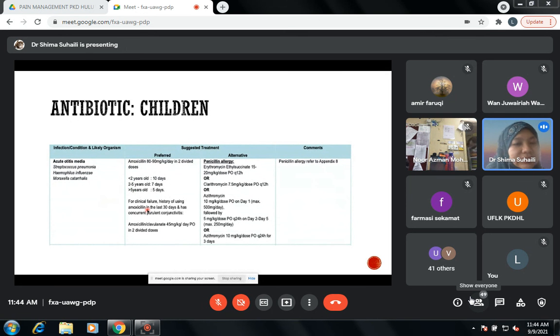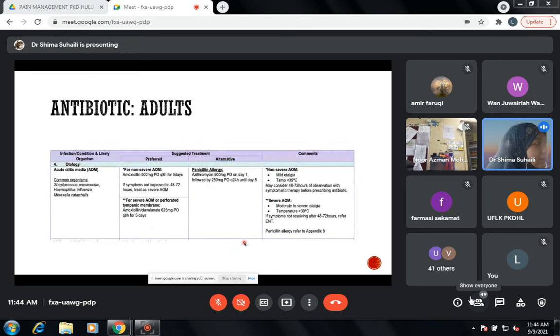For clinical failure, you have to be alert to high risk for clinical failure for those kids that present with history of using amoxicillin in the last 30 days, or they have concurrent purulent conjunctivitis. Because when they have concurrent purulent conjunctivitis, actually the diagnosis might be something else. Okay, so if they have this problem, you have to give Augmentin rather than amoxicillin. Okay, so if the child is penicillin allergic, then you can substitute with EES or azithromycin.